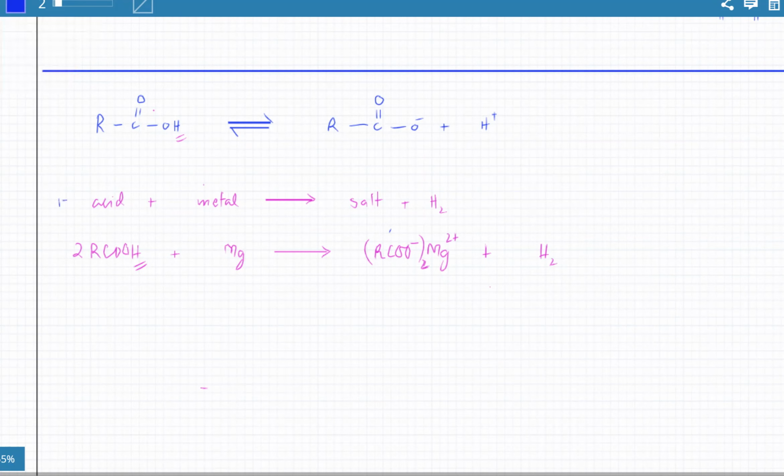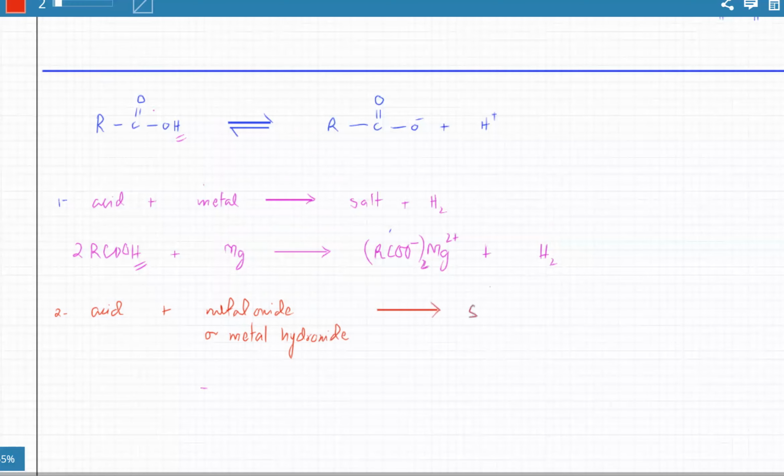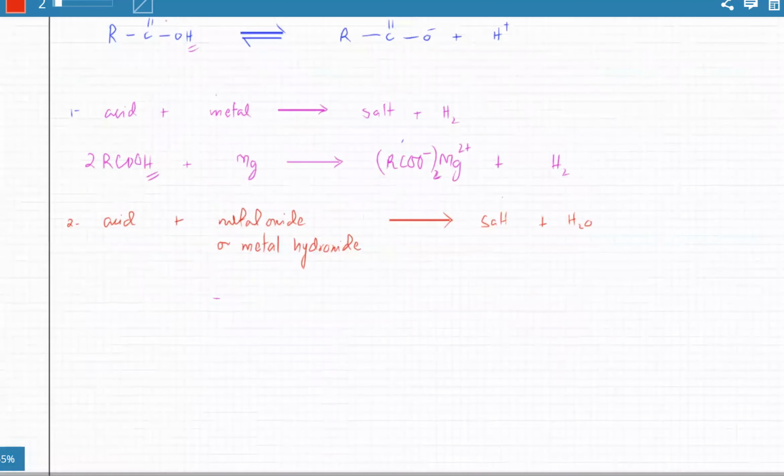That's reaction number 1. Then you've got another reaction, which is that the acid reacts with bases, which are metal oxides and metal hydroxides. So when they react with bases, they're going to produce salt plus water molecules. Let's take the example of ethanoic acid.